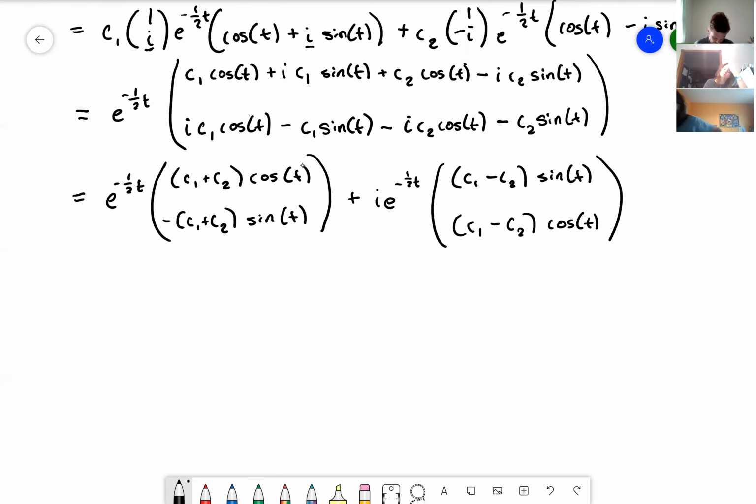Now we have, let's just rewrite this. Let me double check one more time. Okay. So if I factor out the c1 plus c2 here, e to the minus 1/2 t.